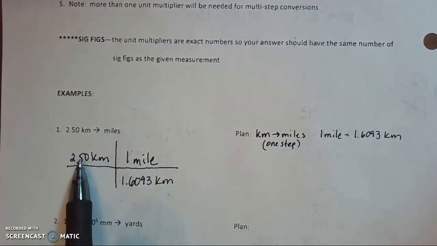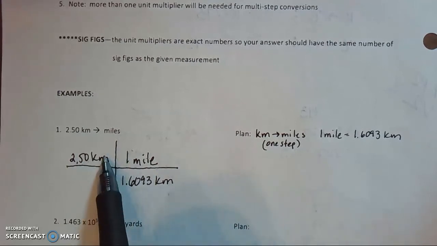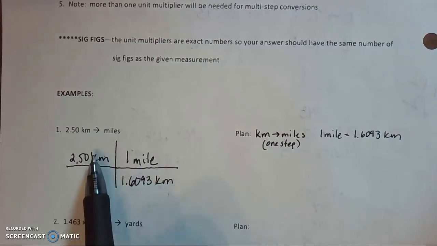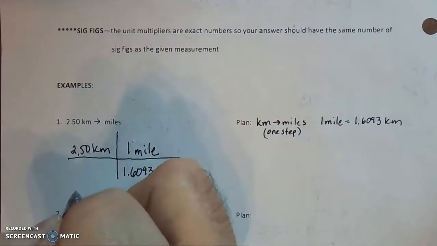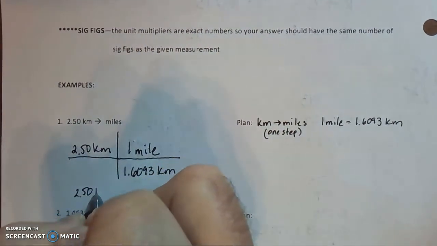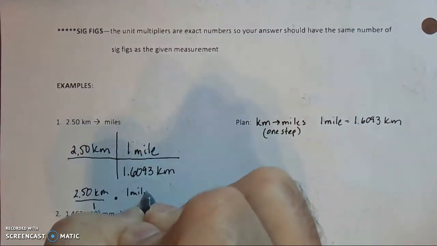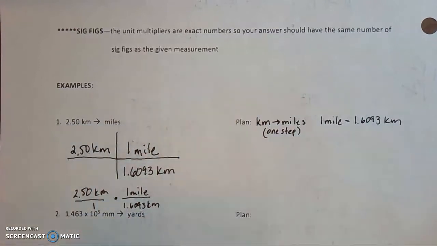So we take 2.50 times 1. We really don't have to do that because we know it's going to be 2.50. But then we divide by anything that's in the bottom. It's like having two fractions here. If you want to think of this like 2.50 kilometers over 1 times 1 mile over 1.6093 kilometers, that's really what we're doing.